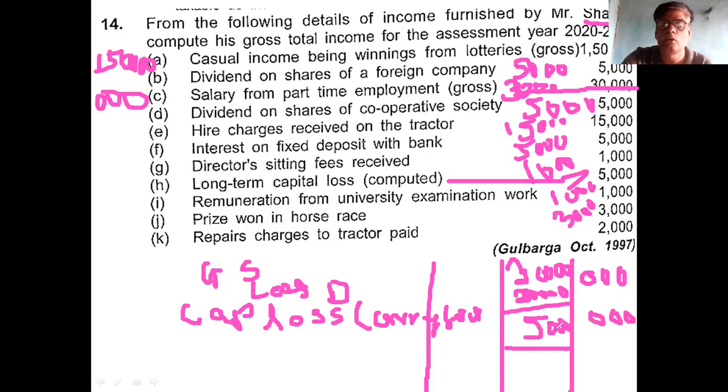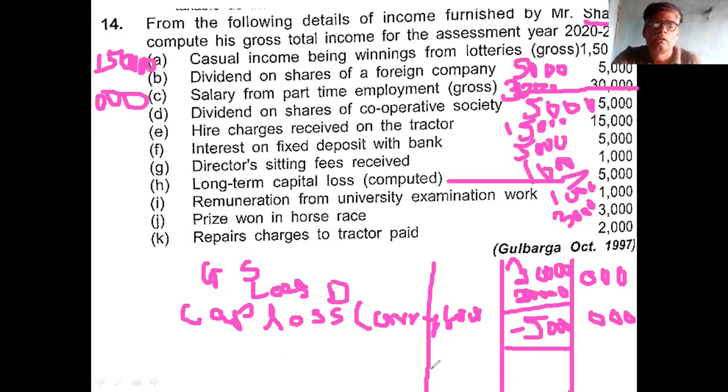You don't take outer column. This is minus. This loss you can adjust in the next year if you earn long-term capital gain. For this year, you are not permitted to adjust in other incomes because the income tax rule says long-term capital loss is to be adjusted in long-term capital gain only. So it will not be adjusted.